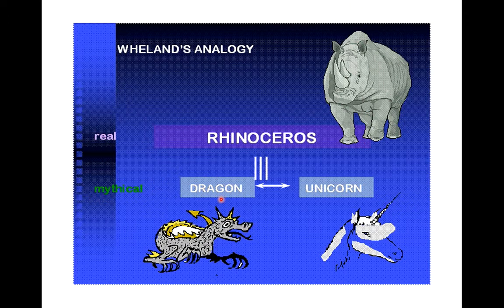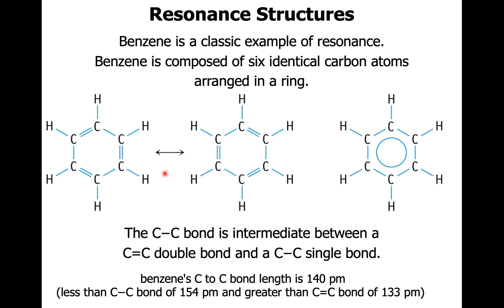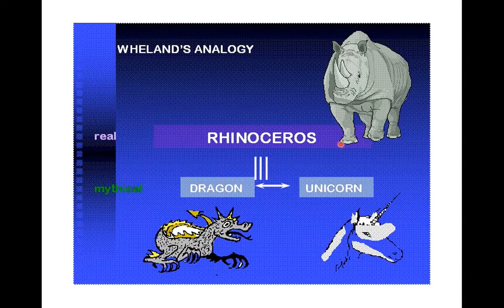What's really good about this analogy is people have the propensity to think of these as flipping back and forth, and that's not what's happening at all. It's not rapidly jumping between resonance structure 1 and resonance structure 2. The real structure is truly a blend, in the way that our rhinoceros is not popping back and forth between being a dragon and being a unicorn.